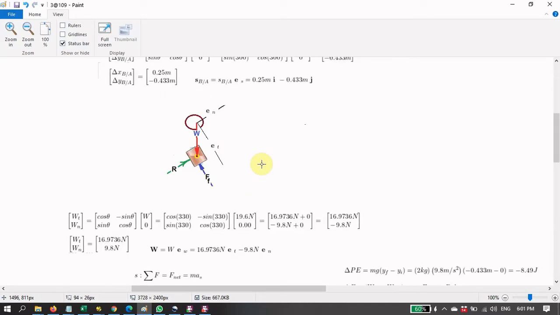Looking at the two states, we are considering the energy of the particle. So we are looking at the first motion from A to B, and we will use the free body diagram because we consider a single particle.